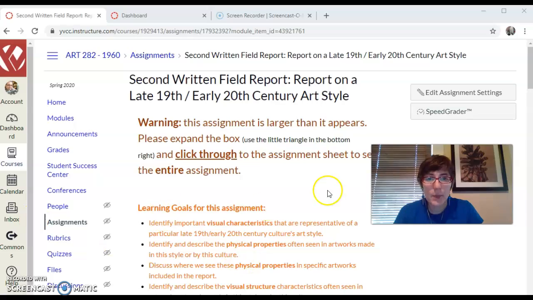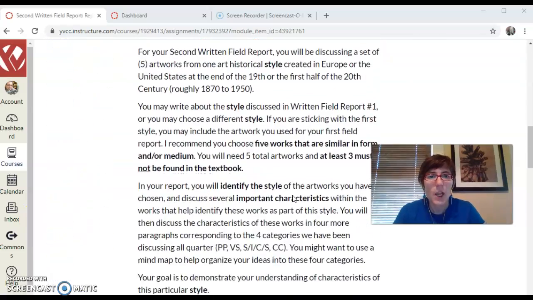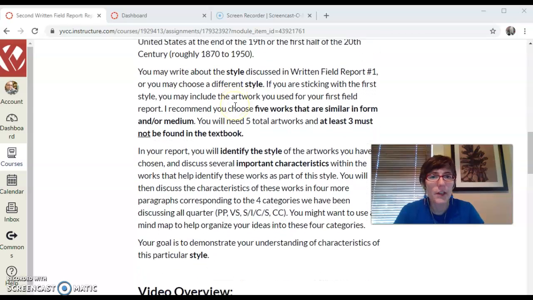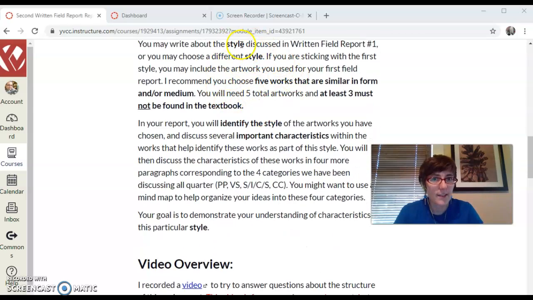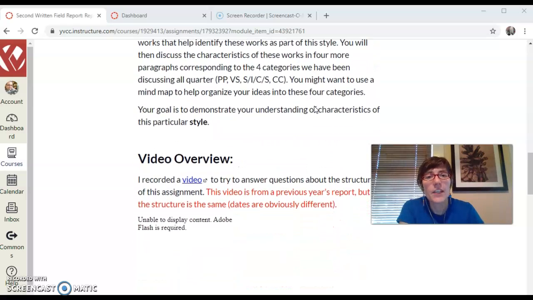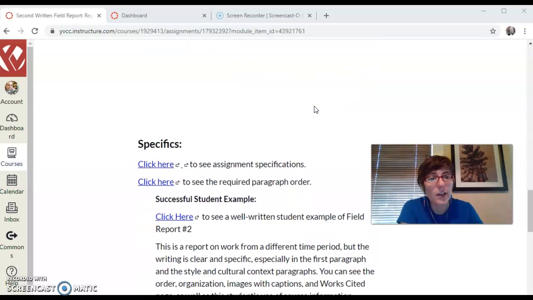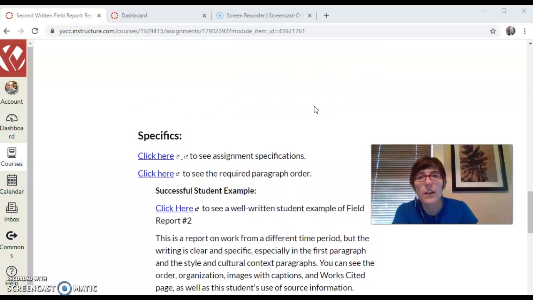In this assignment, you'll see that I'm replacing the video that's down here in a moment. You'll see that we've identified the time period. You're going to be identifying that style, and 5 artworks that are similar. I recommend that you choose 5 artworks that are similar in form. And then you're identifying the important style characteristics. So remember that style characteristics, what we're talking about there is how would you recognize this style?